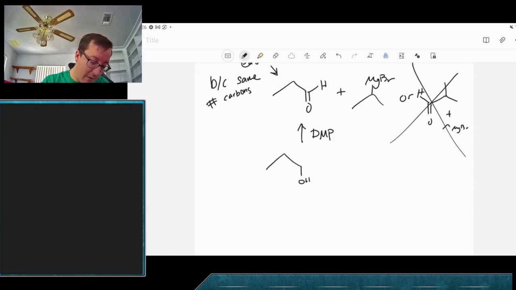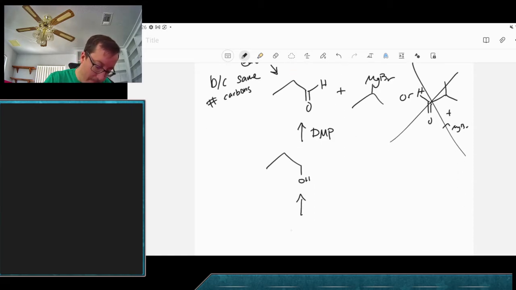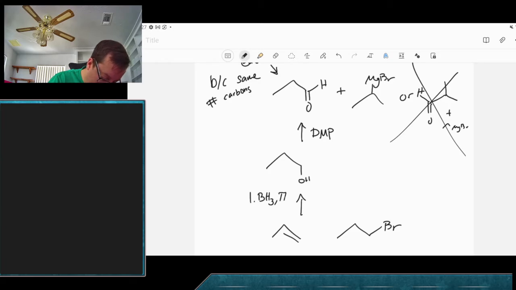Well, we can make alcohols from alkenes or alkyl halides. If we do it this side, it's BH3, THF, NaOH, H2O2. On the other side, it's NaOH.